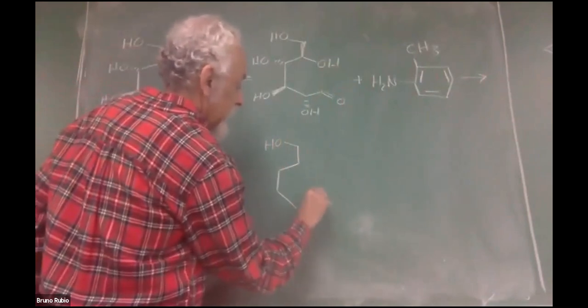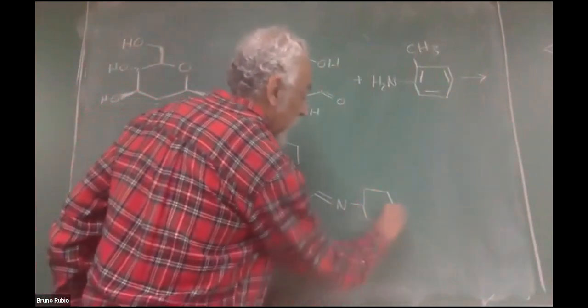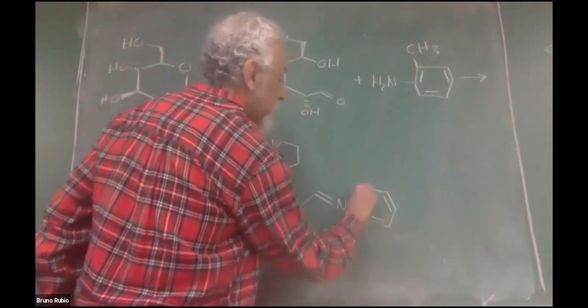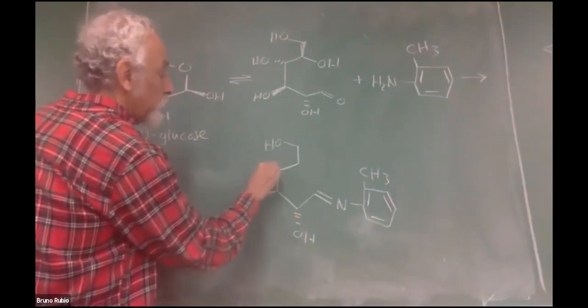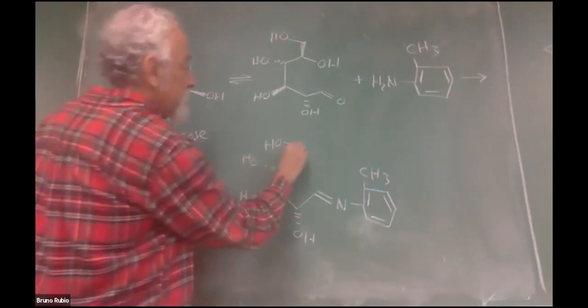So the product of this reaction is going to be an imine, where the carbon-oxygen double bond of the glucose is replaced by the carbon-nitrogen double bond of the imine.